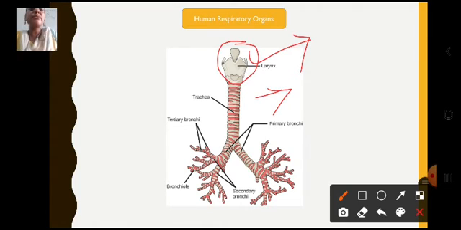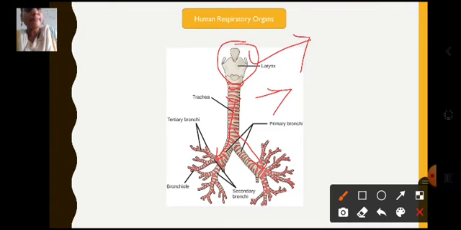This is also known as the windpipe. The trachea, bronchi and bronchioles are covered by ring-like structures, which are cartilaginous, made of cartilage, and prevent the collapsing of the trachea.